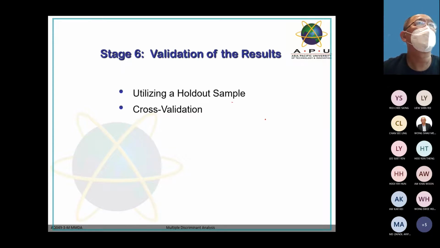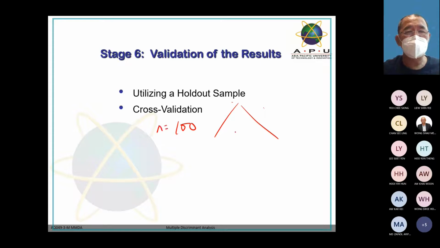You can do it like this. Let's say the sample is 100. What you do, you test with 80. This holdout sample is in this module.